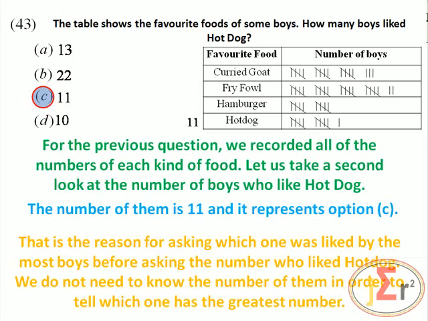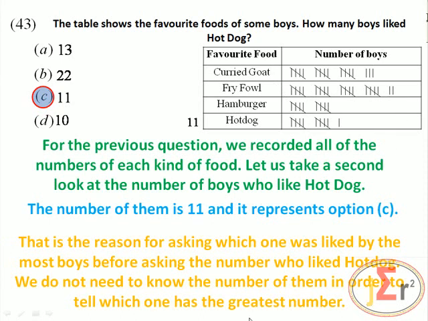As a matter of fact, the reason for doing that is because it was not necessary to determine the number of each in order to determine the one that is liked by the most. So we did not have to count them. The one that was liked by the most has the longest row.